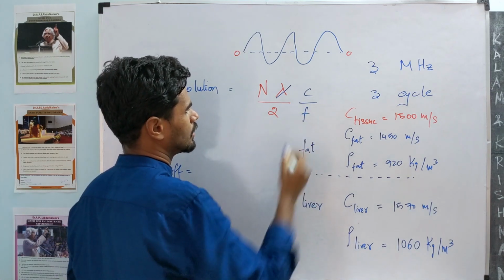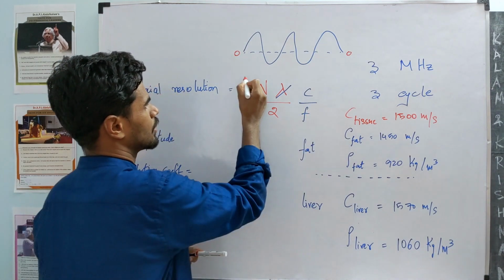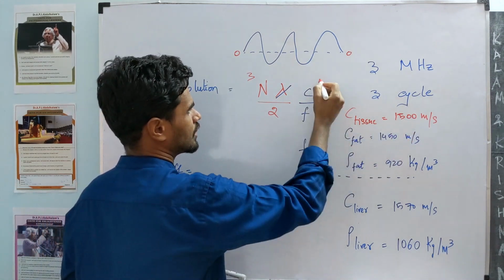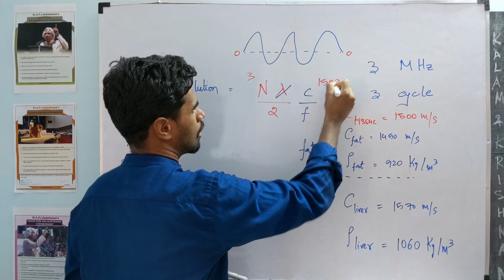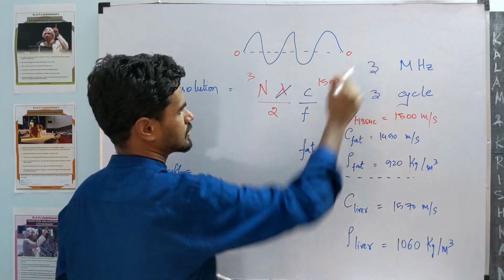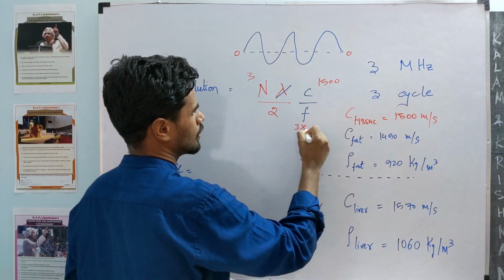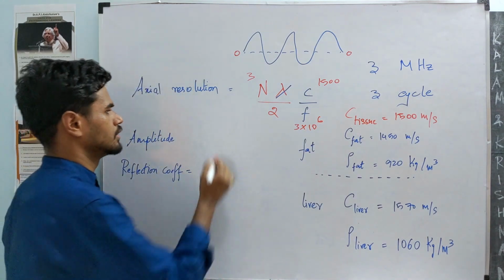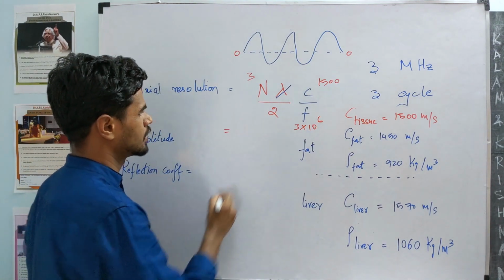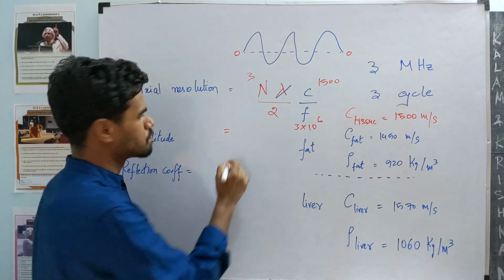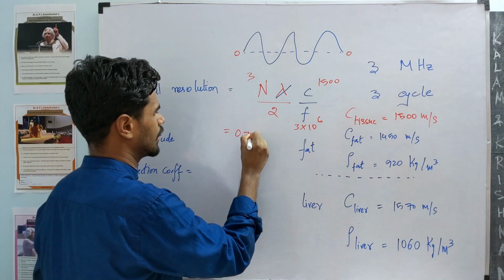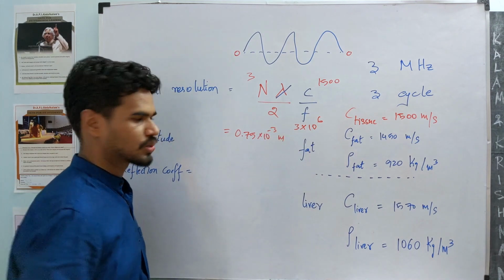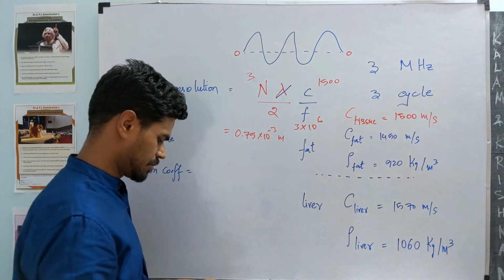We know n is 3, C is 1500, and the frequency is 3 into 10 power 6, and this gives me 0.75 into 10 power minus 3 meters. So this is 0.75 mm.